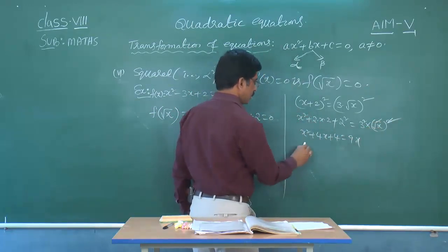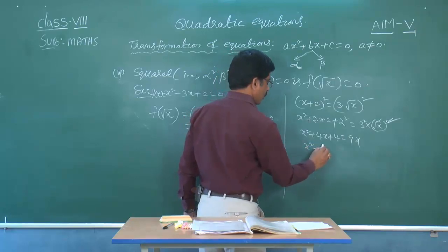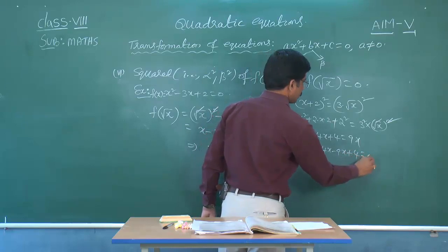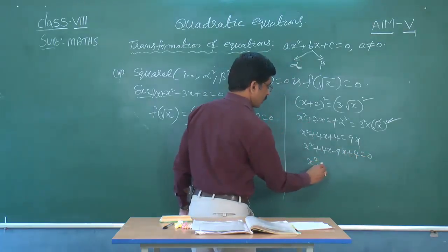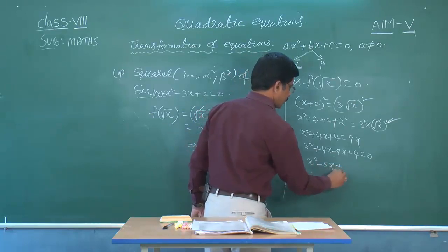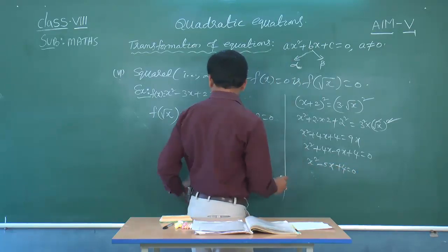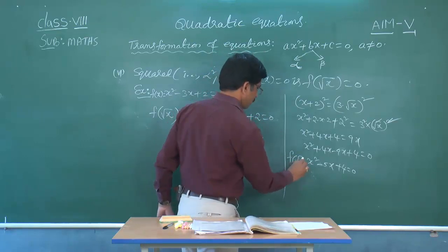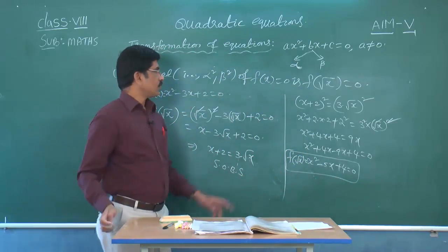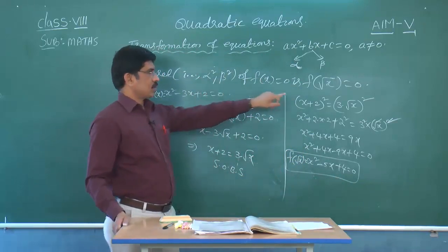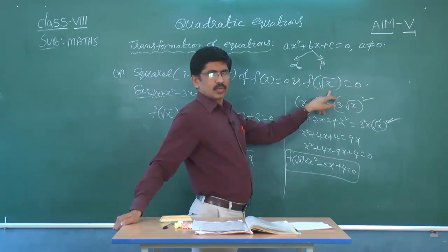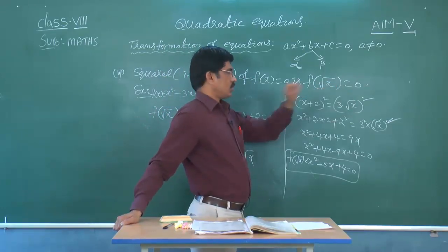Send to left hand side: x square plus 4x minus 9x plus 4 is equal to 0. That is x square minus 5x plus 4 is equal to 0. That is f of root of x. When roots are squared, we get the required equation f of root of x is equal to 0.